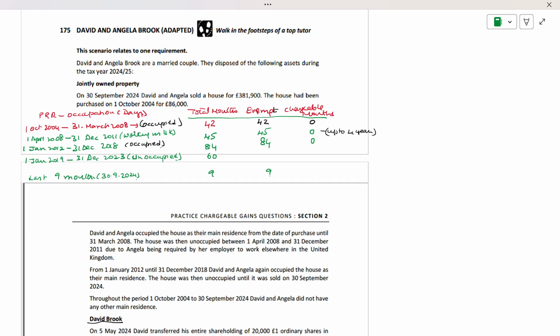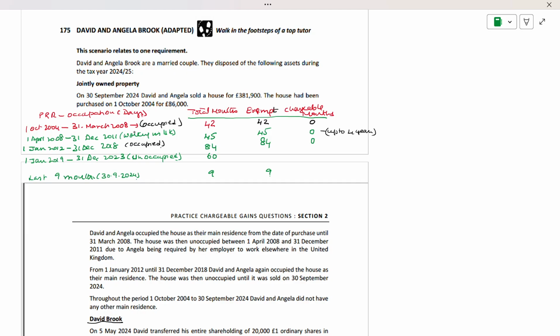Yes, sir. But in total months, how is the 9 months included, sir? That 9 months should be included from the 60, right? No, the last 9 months is exempted by default. First you have to remove 9 months. The 9 will be exempted and the remaining is chargeable.